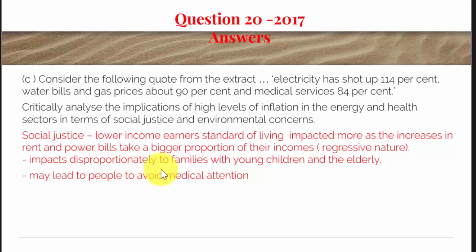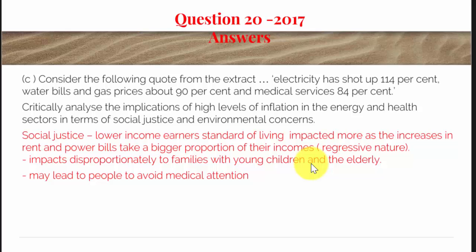So it impacts disproportionately on families and young children, because you could argue that young kids and the elderly need to be kept in a warm and safe environment.